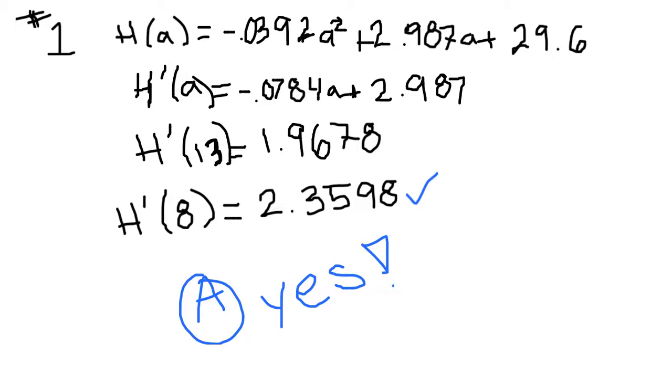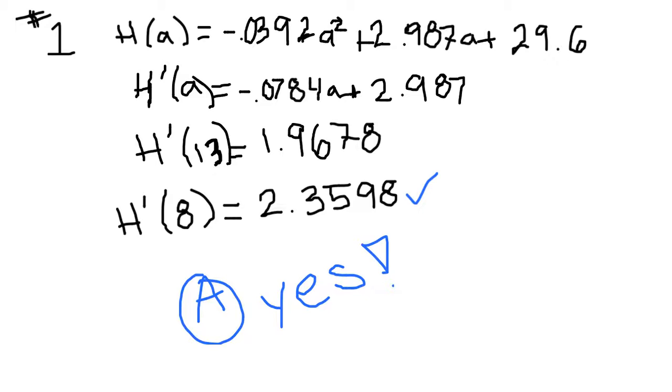So now we can just plug in the 2 different values that it gives us. We plug in 13 and we plug in 8 into the derivative, and that'll give us the slope at those different points. Now how do we decide what's increasing slower?